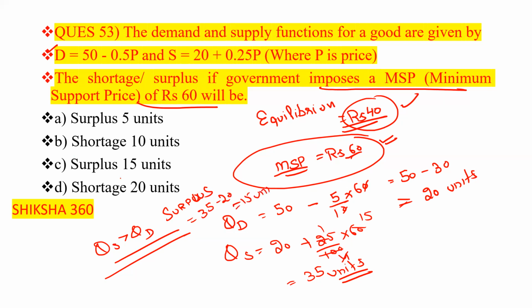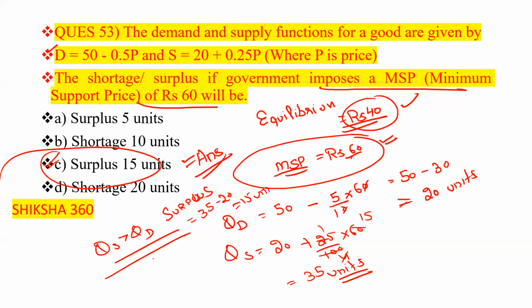So if the government imposes a minimum support price of rupees 60, the surplus is 15 units. This is the answer.